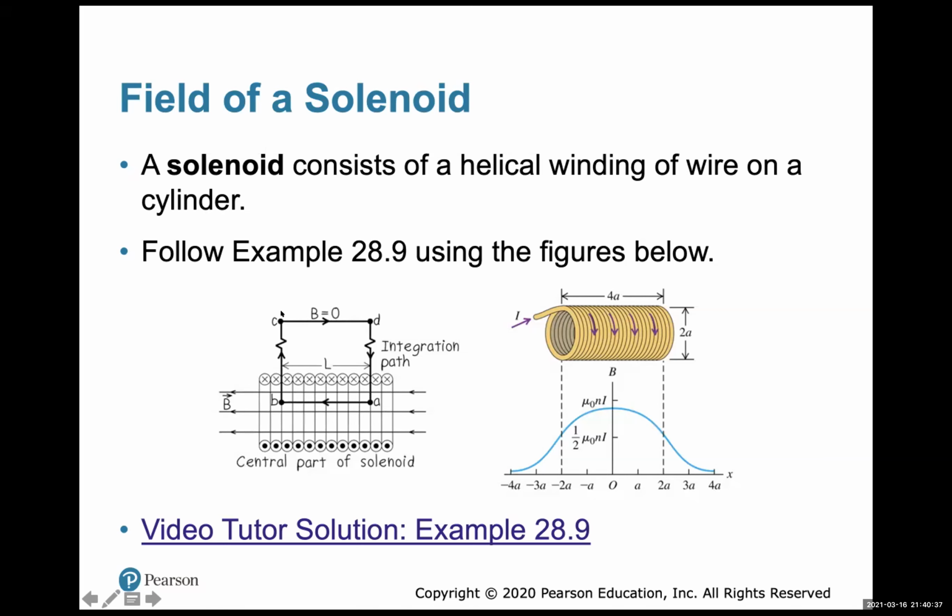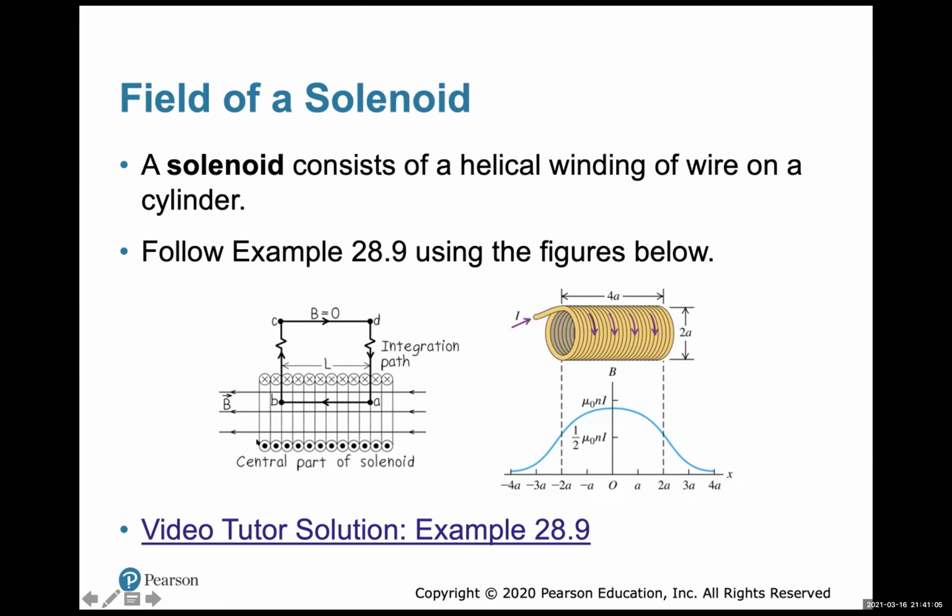Just outside this arrangement, just to the other side of this solenoid, the field is 0 because you can imagine that these are currents coming out of the page, and these are currents going into the page.